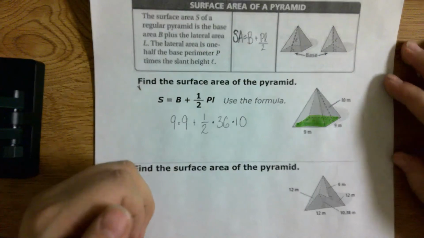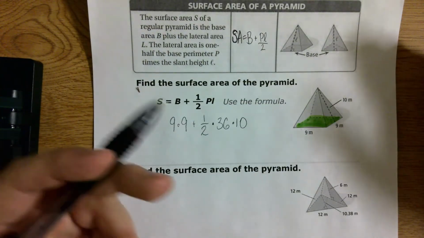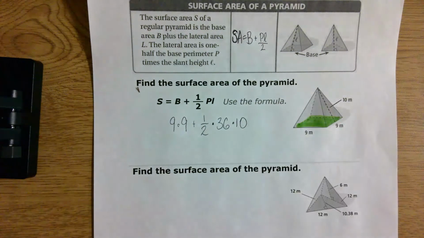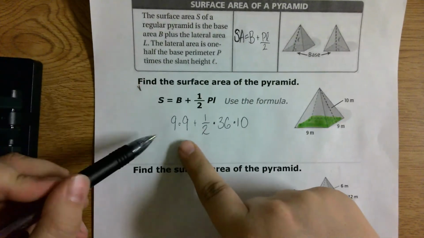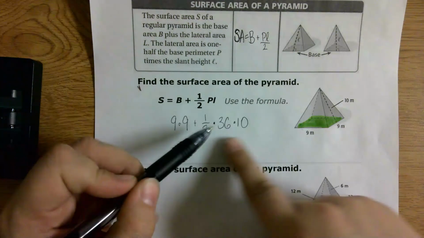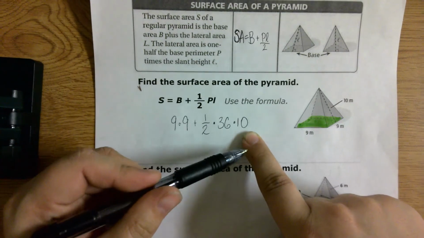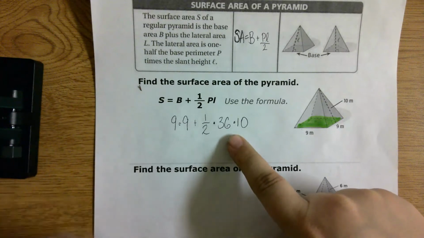Now, just like we did with the surface area of our cylinders and our rectangular prisms, if you need to take this apart so that you've got the rectangle, and then the lateral area, and then add it at the end, you are welcome to do so.